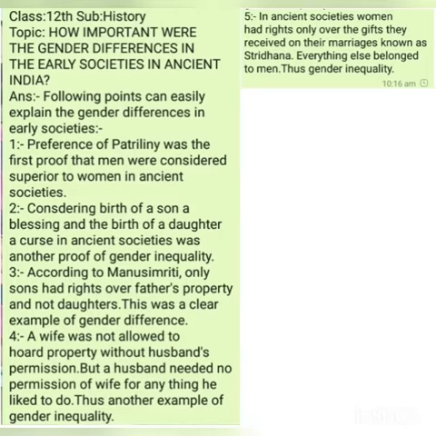Let's answer this question. Dear students, in early societies there were gender differences, about which there are a number of examples to suggest that men were given preference over women in early societies. For example, number one, preference of patrilineal was the first proof of gender difference in the early societies.